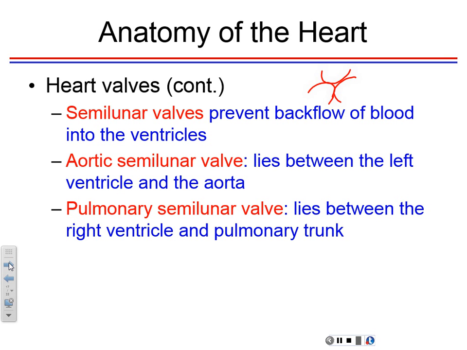Because I might just ask you in the exam, what creates the first heart sound? Right? First heart sound, the atrioventricular valves between the atria and the ventricles. It happens when the ventricles contract. Second heart sound happens when the ventricles do what?